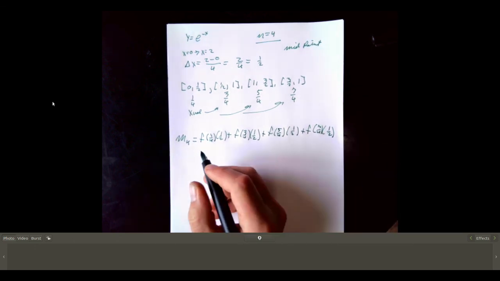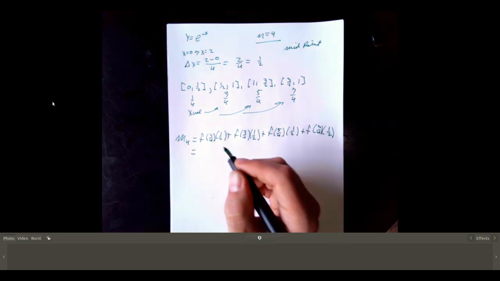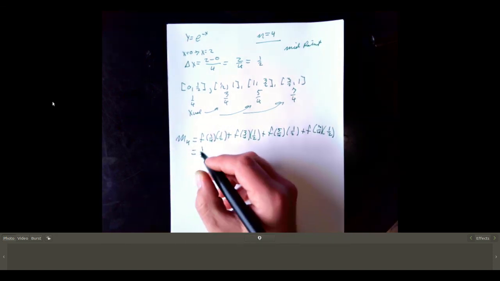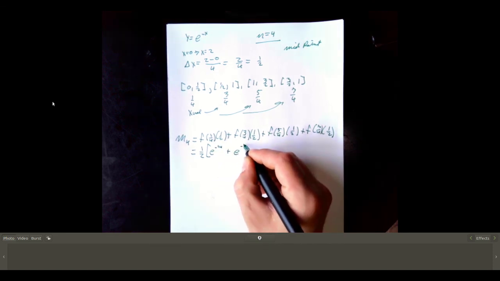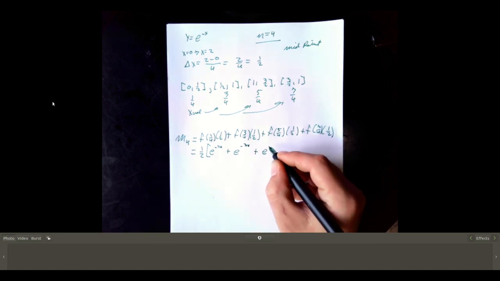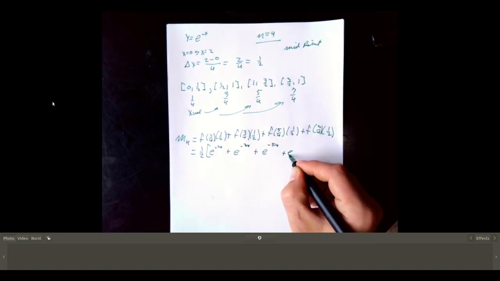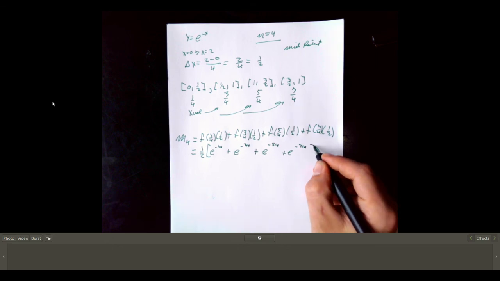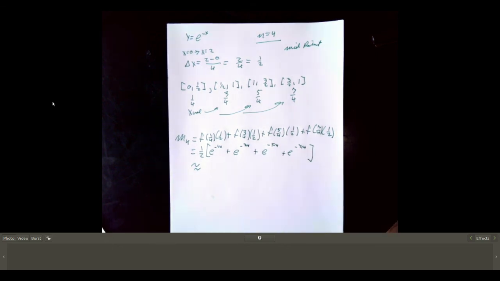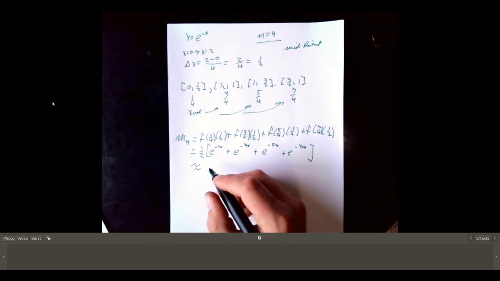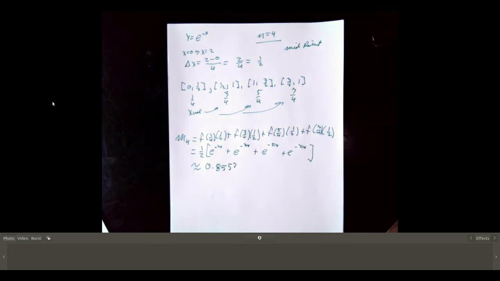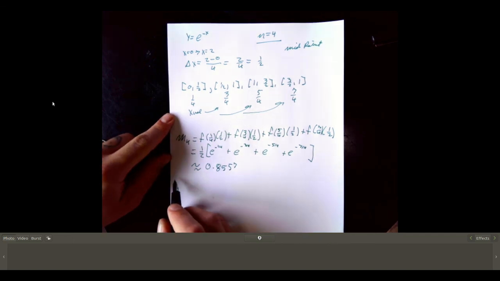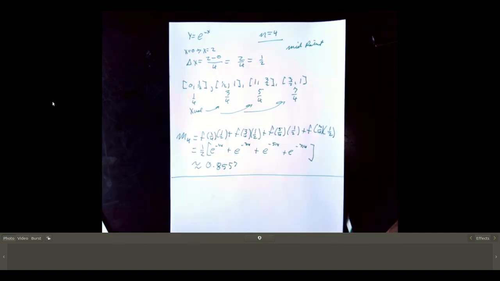This will give us 1/2 times e to the negative 1/4 plus e to the negative 3/4 plus e to the negative 5/4 plus e to the negative 7/4. At this point, you plug it into a calculator. I've got to turn the page, and we get M sub 4 to be about 0.8557.